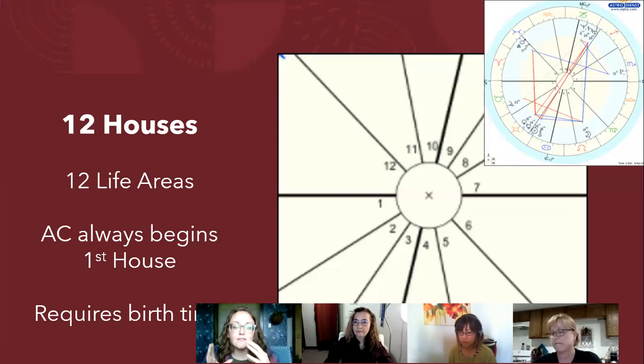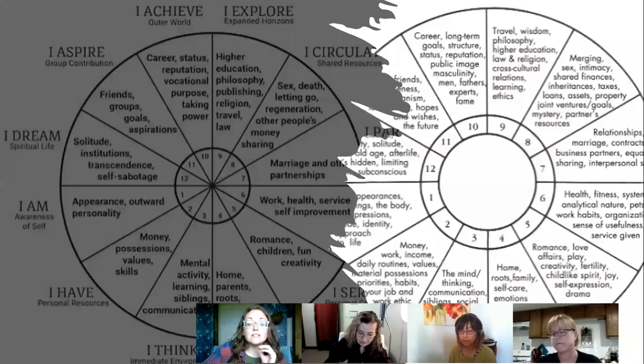The houses and the ascendant, that's the part that requires the birth time. When we do the example, we'll get into more of why it matters, and why you wouldn't necessarily want to just use a random birth time. As far as learning the houses and really any of it, you can get so many cool cheat sheets.